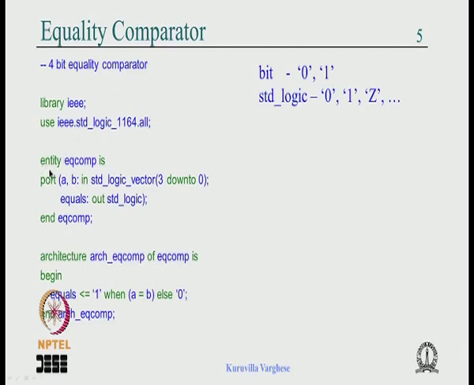Now comes the entity description. The keyword is entity, then give some name, it does not matter, and this is what I said is for documentation, and you say end this particular name, eqcomp. So that is the body of the entity. You start with the keyword entity, a name, and end that name, and within that we have to describe the inputs and outputs, and the keyword used for that is port.